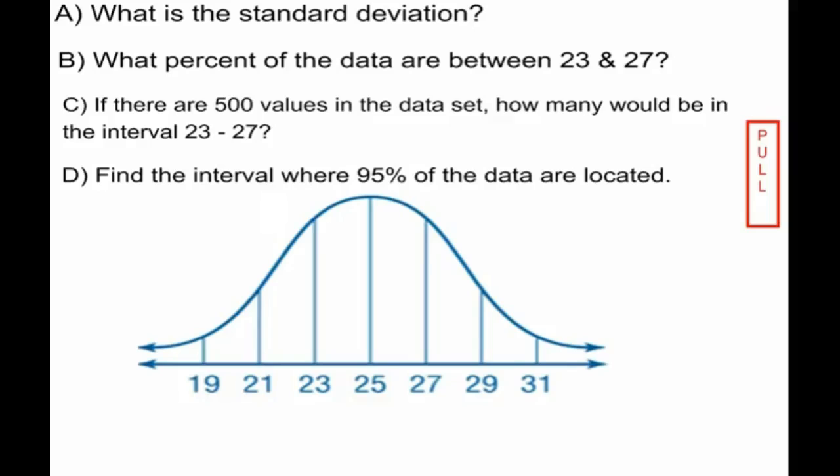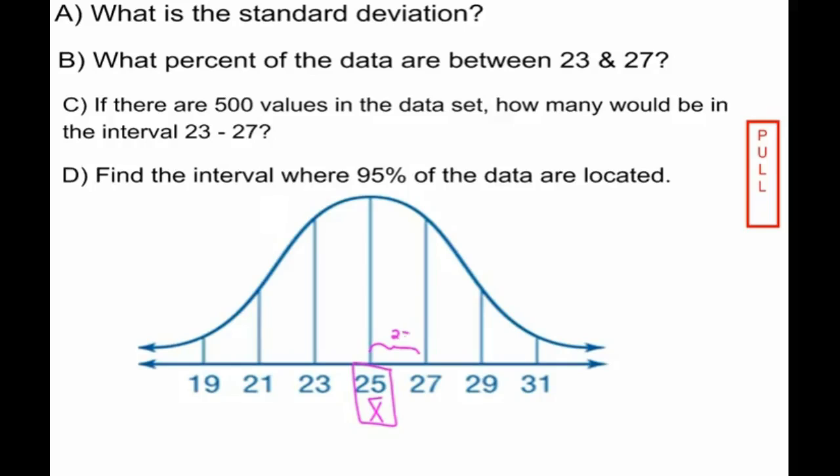And finally, last question. What's the standard deviation looking at this picture? What's the mean? Well, the mean we can see is definitely 25. It's the middle value, the center of the symmetric normal curve. The bandwidth here, I notice, is 2.